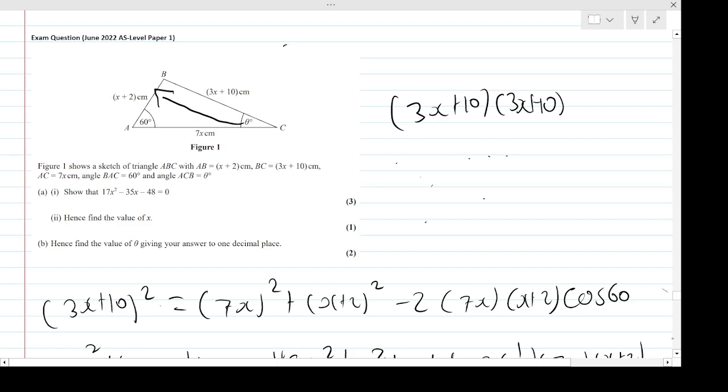But if x is 3, then x plus 2 is going to be 5, right? Likewise, another side, 7x, is 7 times 3, which is 21. And 3x plus 10, well, 3 times 3 is 9, 9 plus 10 is 19. So actually, I've got 3 sides, and I need to find an angle. So that is the cosine rule.